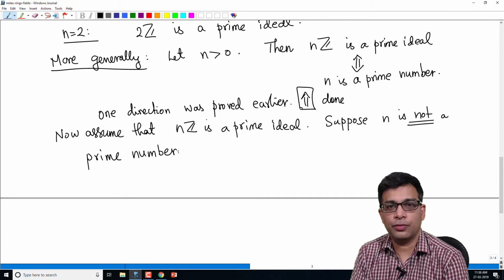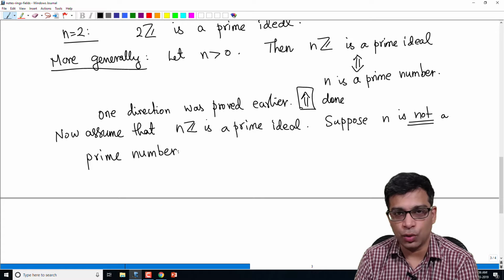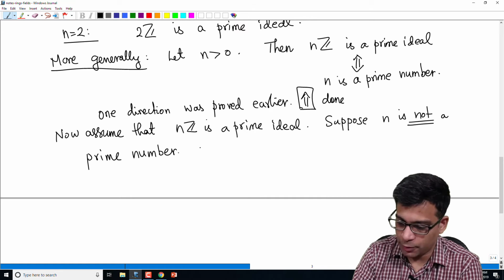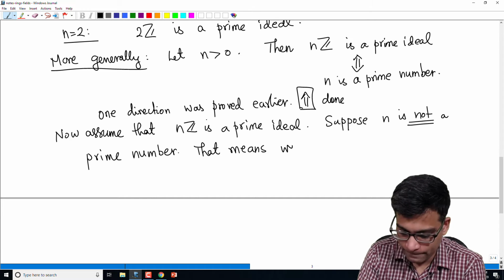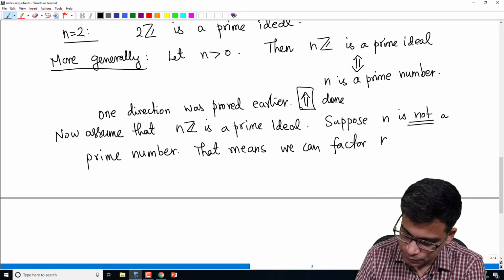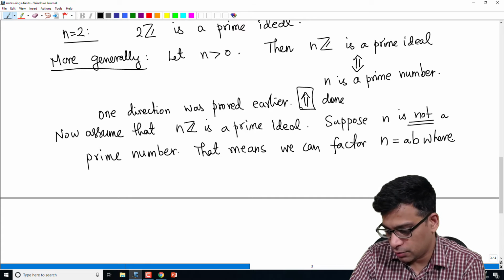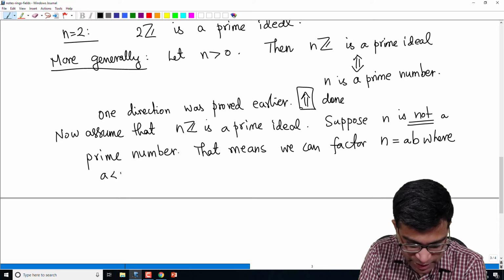Okay, so now we will use the alternate definition of prime numbers that you are familiar with in school, not the definition I wrote earlier. What is the alternate definition? If n is not a prime number, that means we can factor n as a times b, where a and b are both less than n.